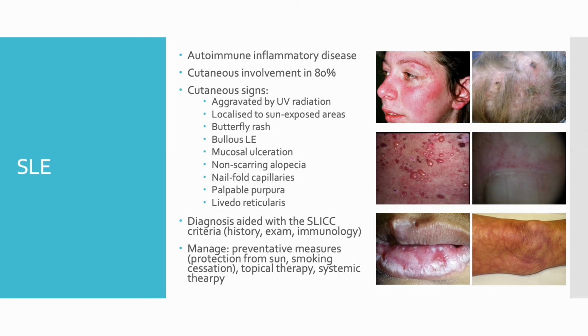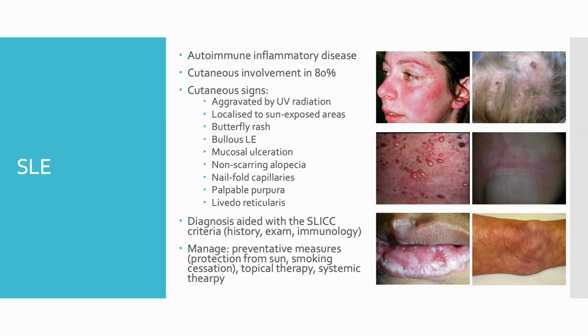And there may be evidence of underlying vasculitis. So this might present with a palpable purpura, particularly on the lower limbs, or with medium-sized vessel vasculitis producing livedo reticularis.